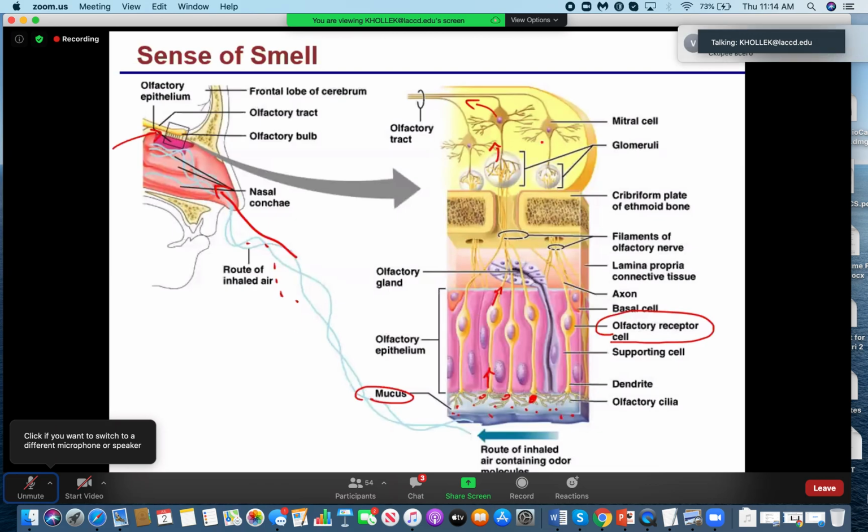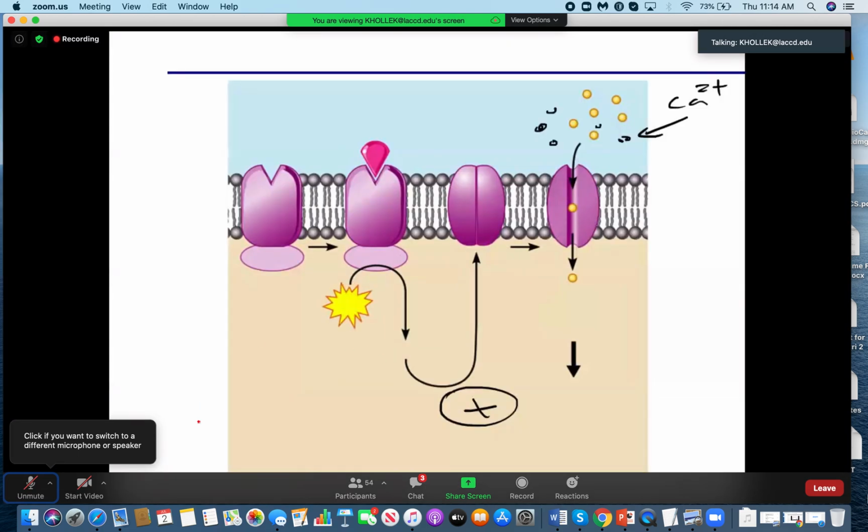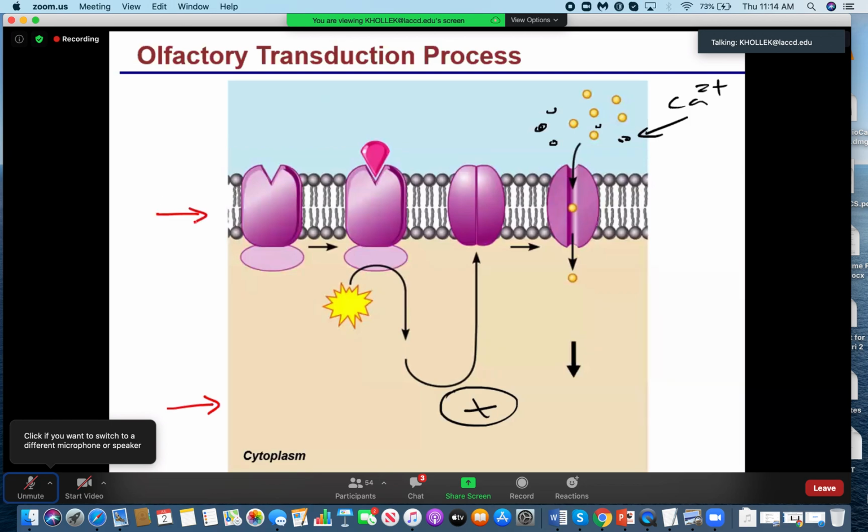But let's get back to the ideas right over here. We're going to travel inside one of these olfactory receptors to see how the G-link protein is involved. So this is the olfactory receptor cell. That's the membrane right over here, this is the outside of the olfactory cell, and this is the inside.